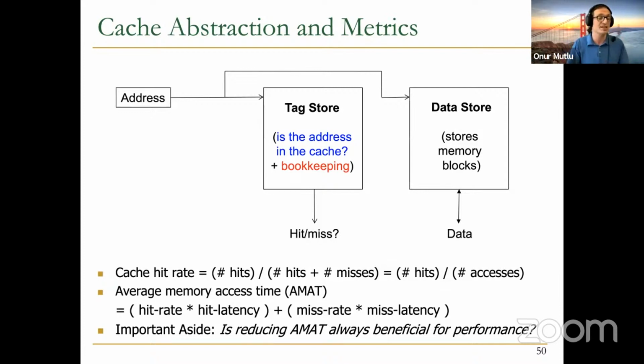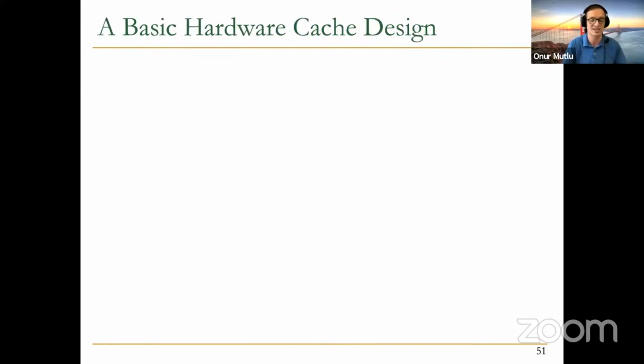Remember the performance equation? It's about execution time. It's not about latency in the end. And execution time is not affected just by average memory access time. It's also affected by how much of that latency actually gets exposed to the instructions, how much of that impacts actually the CPI, cycles per instruction. Right? So keep in mind that reducing latency is not always good for performance. It may be bad sometimes, depending on how it changes things.